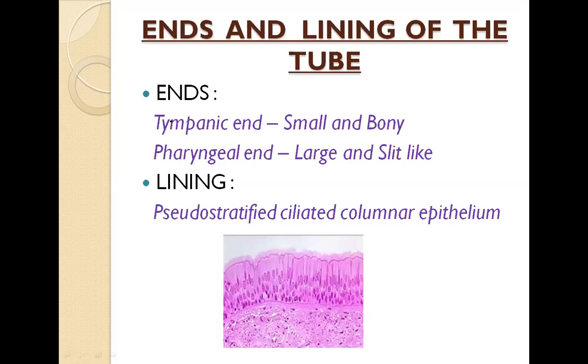So now moving on to the ends and lining of the tube. As you have already seen in the figure, the tympanic end is bony and small. We all know that the bony part opens to the tympanic end, right? On the other hand, the pharyngeal end is large and slit-like. It is slit-like because it is made up of cartilage, right?